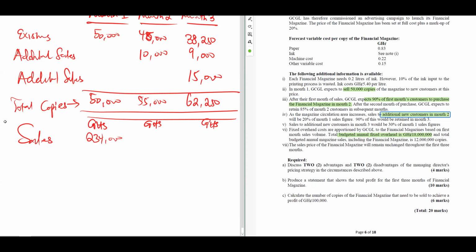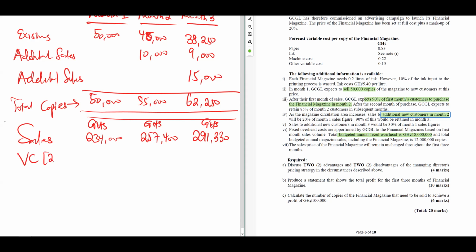Then we have 55,000 by 4.68, which gives me 257,400. We have 62,250 by 4.68, we have 291,330.